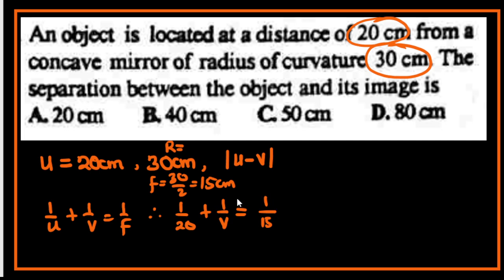Now there is a problem. Watch, this is concave mirror. Okay, then we're on the right part. If it were to be convex mirror, there will be a need to negate this 15 here, but we can't negate it here because it's concave. So from there we have 1 over v equals to 1 over 15 minus 1 over 20.